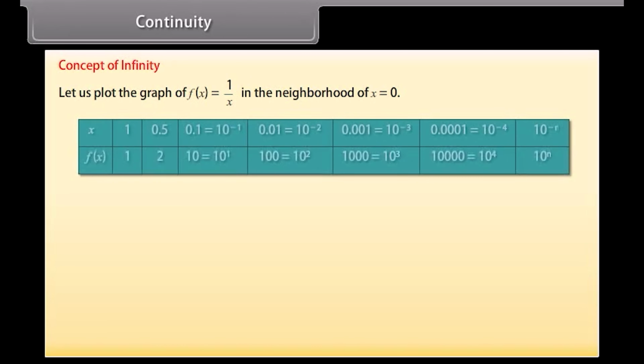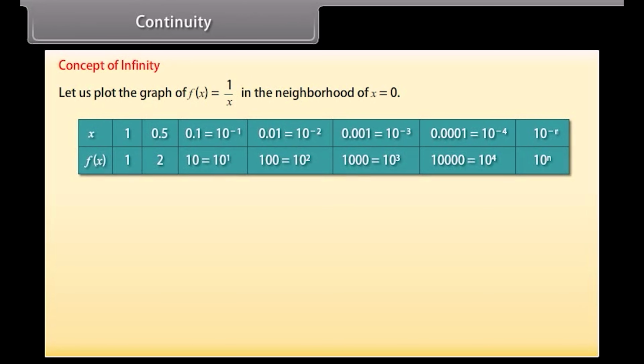Continuity. Concept of infinity. Let us plot the graph of f(x) = 1/x in the neighborhood of x = 0. For x = 1, f(x) = 1. For x = 0.5, f(x) = 2. For x = 0.1, f(x) = 10.